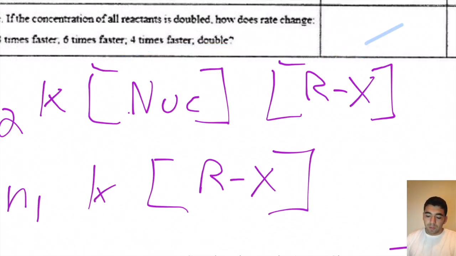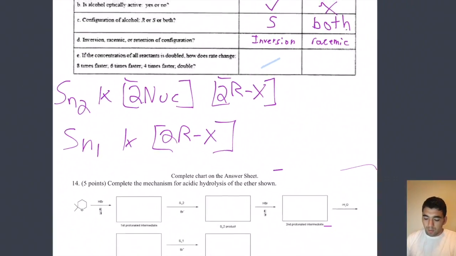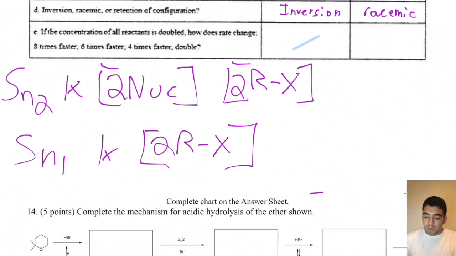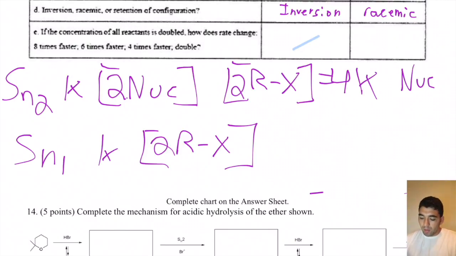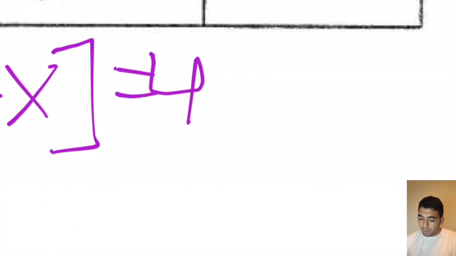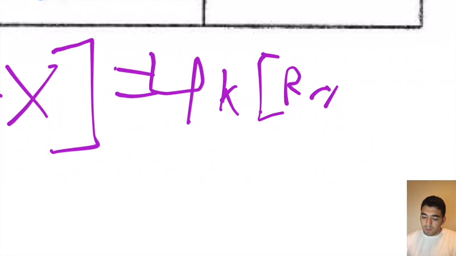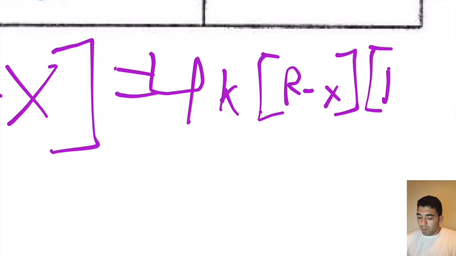So if we double the concentrations, we put this 2, 2, 2 of everything, if we multiplied those across, we'd end up with 4k. And then those two original concentrations, I'll label as nuc and RX. Let me try to clean up a little. k, concentration of RX, and concentration of your nucleophile.